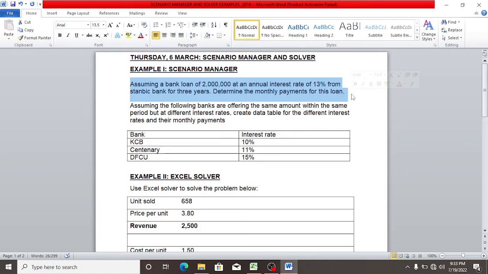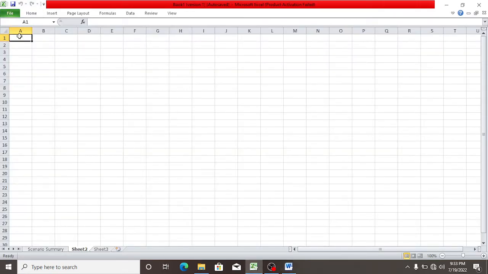So we have to convert the interest rate to months, and then the 3 years to what? To months. How do we do that? So let me first input some data. Then the loan amount, it is 2 million. Okay. Then the period, it is 3 years.